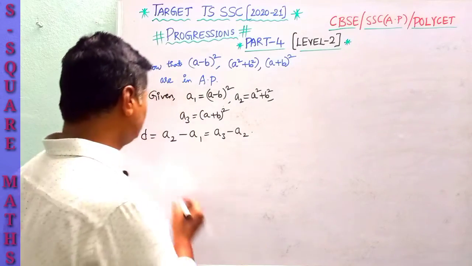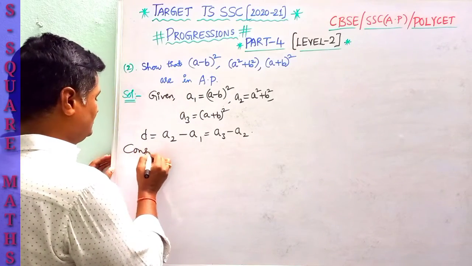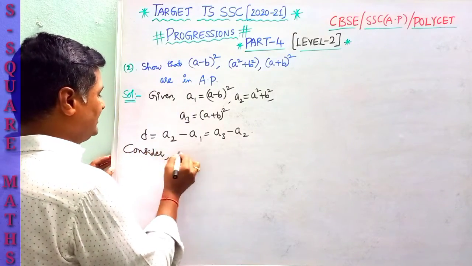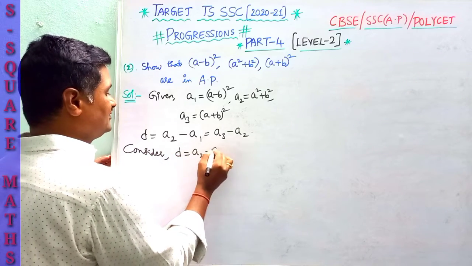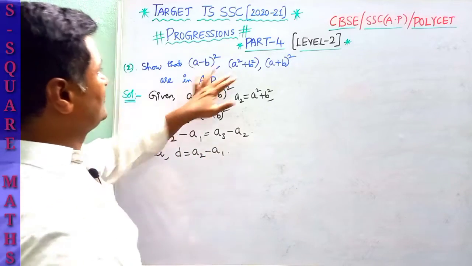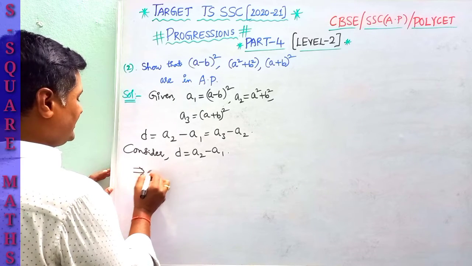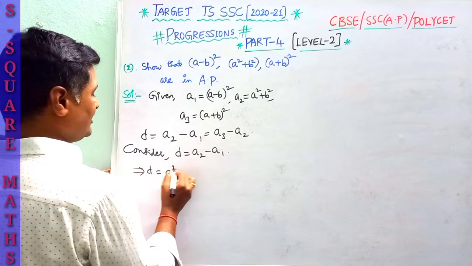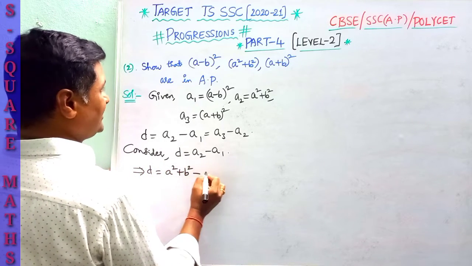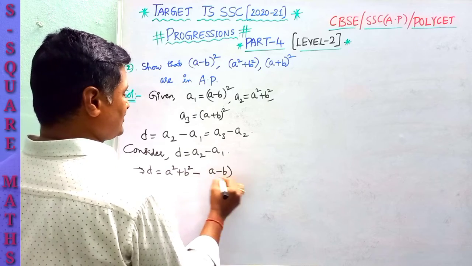So consider now d is equal to a2 minus a1. So we are going to take the difference. So this implies d is equal to our a square plus b square minus (a minus b) whole square.